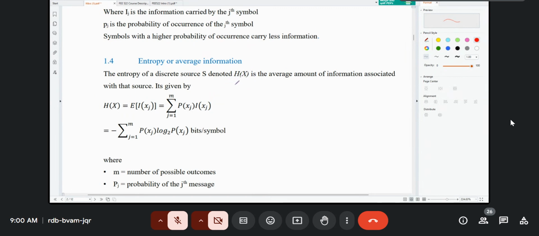Entropy is the average amount of information associated with that source.